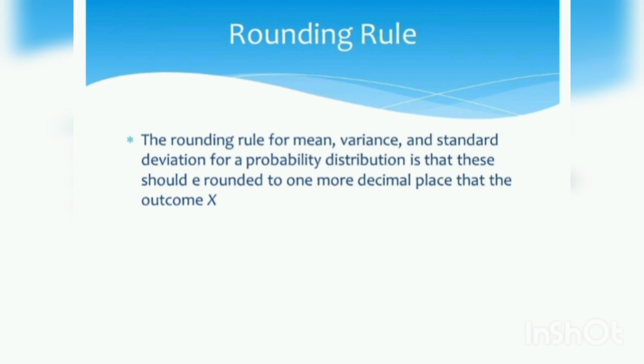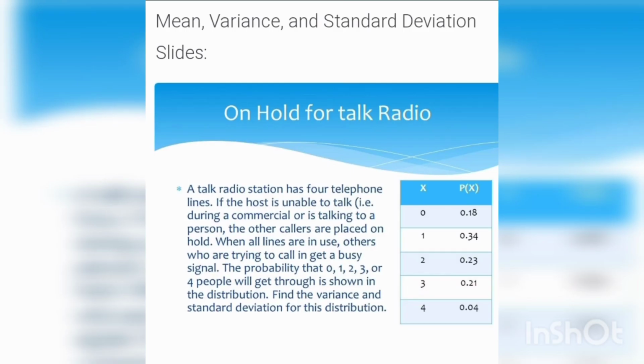So this is one of the applications which is not included in the textbook. The outcome is unknown to us, so it should be rounded to one or more decimal places. So let us consider another example, on hold for talk radio.